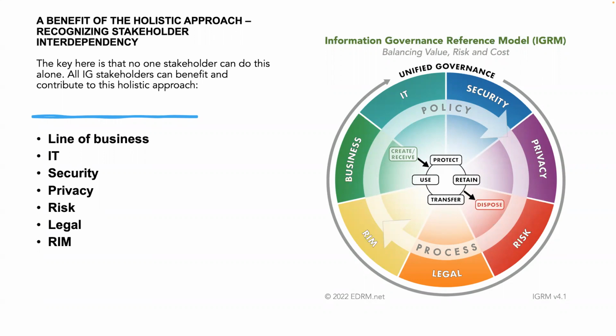So legal is able to share what the obligations are with respect to any ongoing litigations or with respect to any regulations that the company is beholden to. And then finally, we have records management, right? This is the group in your organization that determines what the master retention policy is going to be, right?